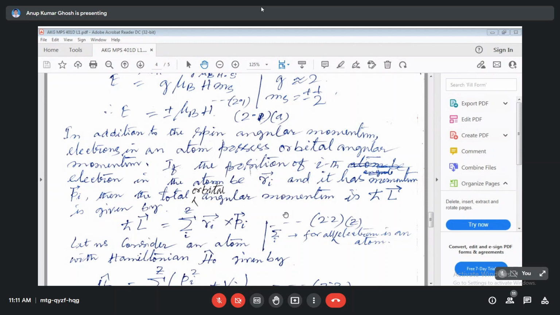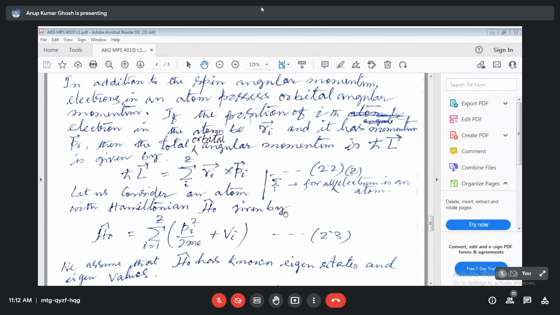If the position of the ith electron in the atom is Ri and it has momentum Pi, then the total orbital angular momentum H cross L is given by Ri cross Pi.